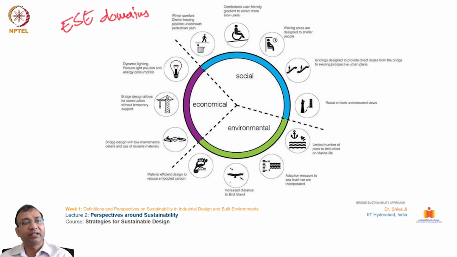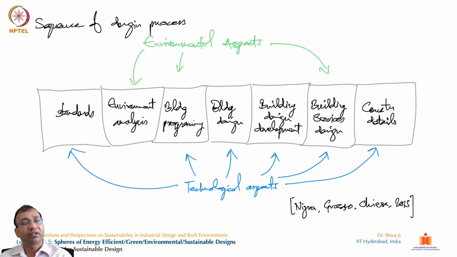There are various domains inside these aspects, and we will discuss them in the coming lectures. You can see how environmental aspects are integrated and how technological aspects are interrelated. They are all connected with each other, and this is how the life of a building or the whole design process evolves.